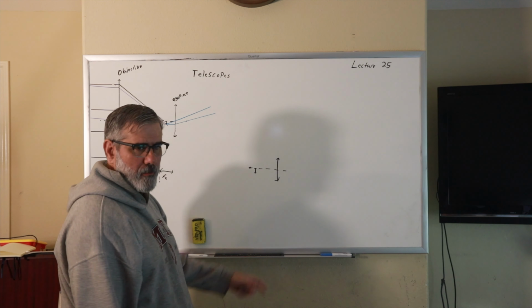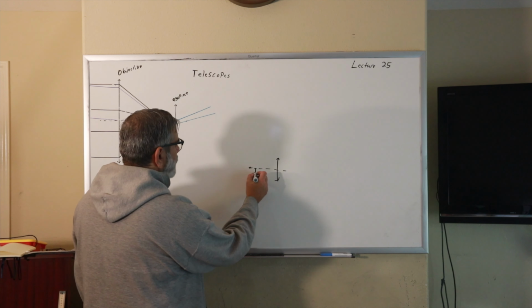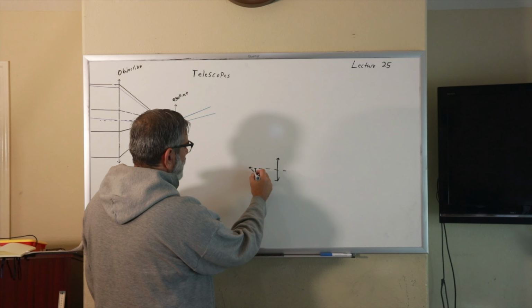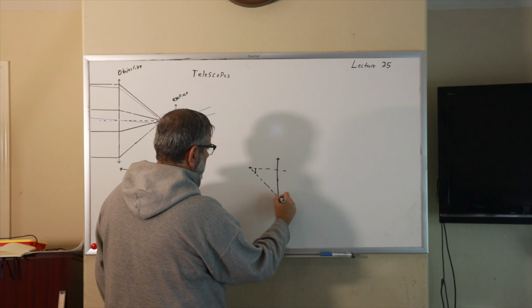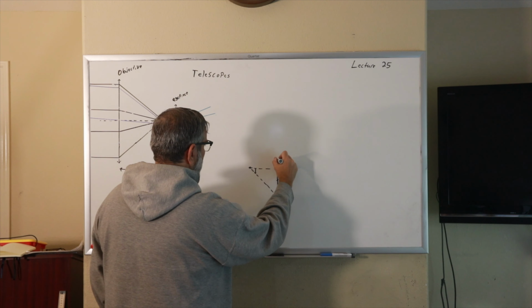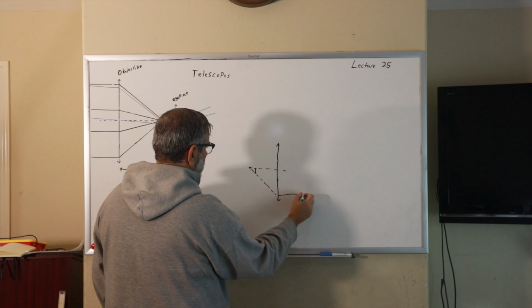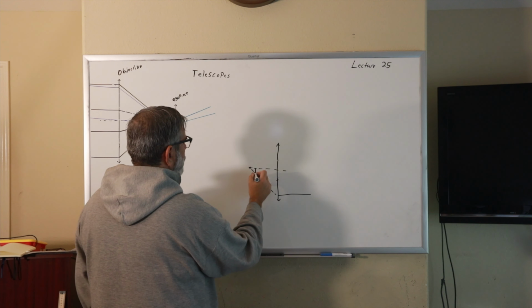Remember the virtual images that we drew? So, I can draw them again by considering this ray. I have to make the lens a lot bigger though. Okay. And so that would be like that. And then we can go, of course, through the center.